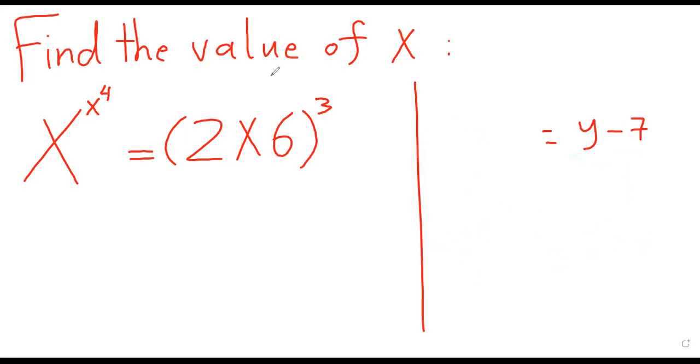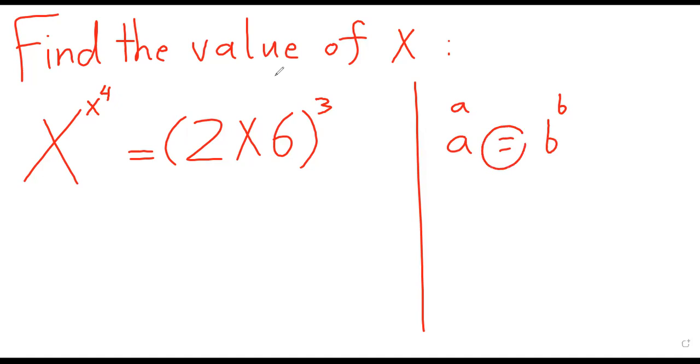I need you to know another thing. Remember with me, if I have a base like a to the power of a equals a base b raised to the power of b, then what will you think?